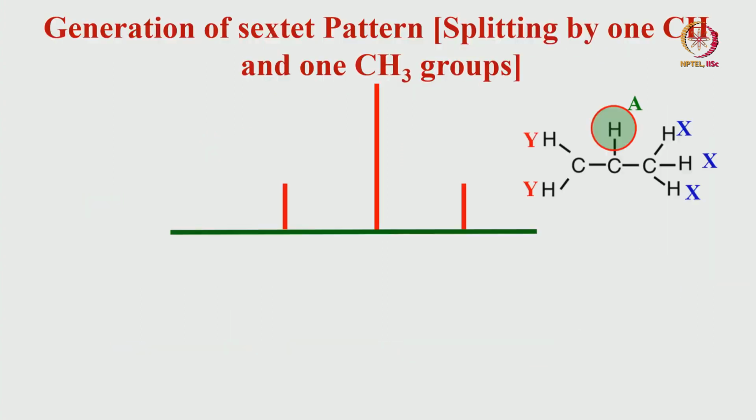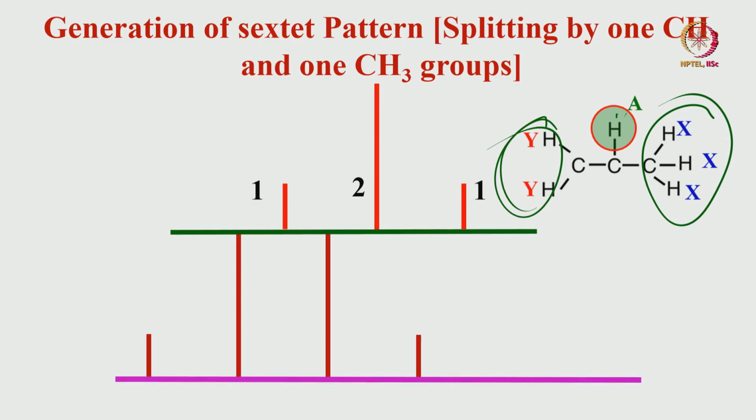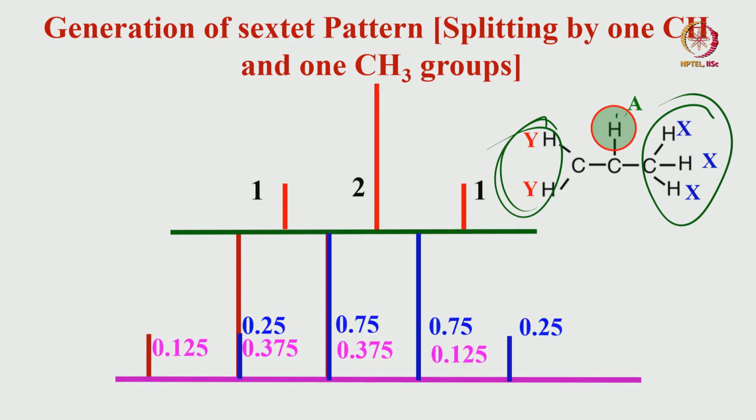Take this one. When this CH is coupled to CH2, it will give rise to a triplet. What is the intensity? 1:2:1. And each line of the triplet is split into a quartet because of CH3. You apply the 2nI plus 1 rule, and now each will become a quartet. And again this is a quartet, this is again a quartet. You see, I am showing in different colors.